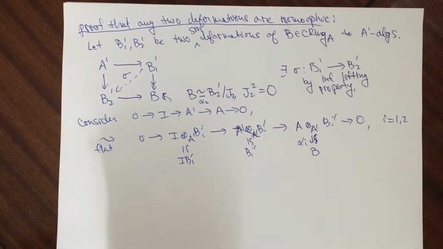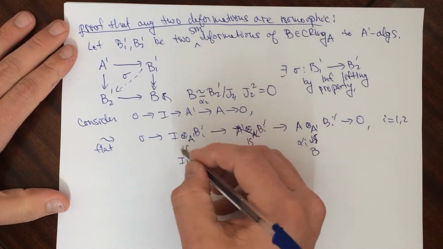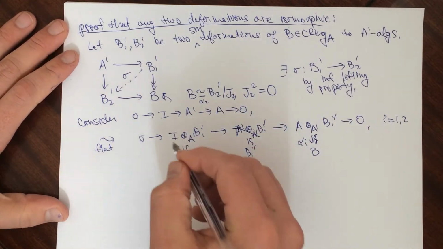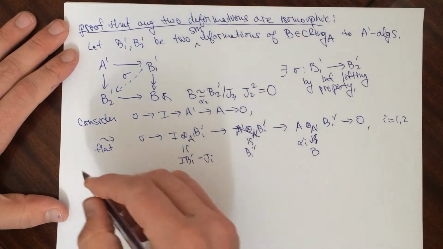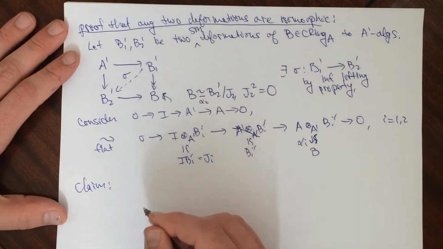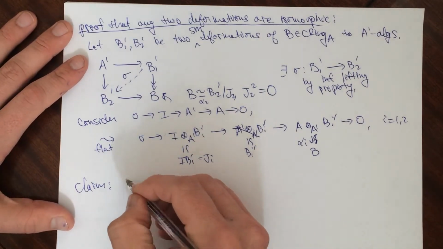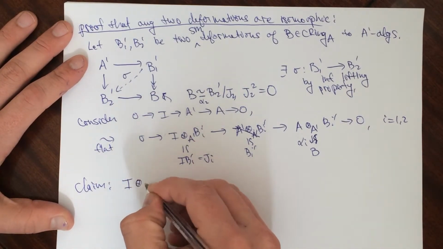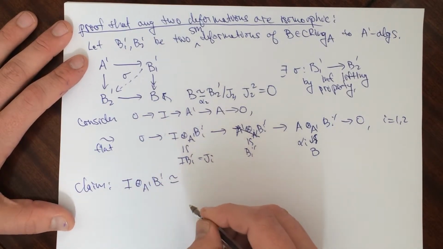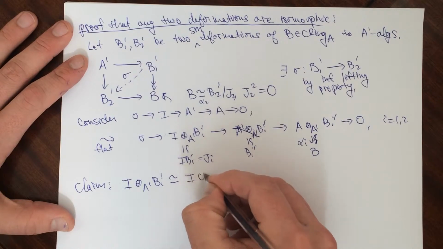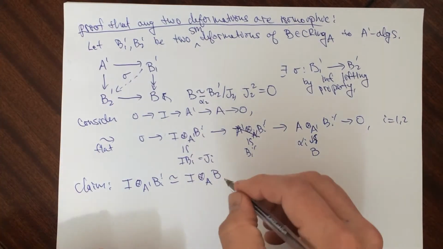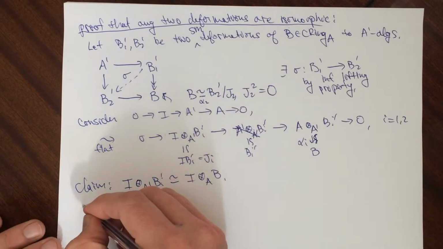One thing I want to observe is that this here is what we called maybe Ji. The claim that I want to make real quick is that I tensor over A prime of Bi prime is going to be isomorphic to I tensor over A of B. The proof of this is really quick.